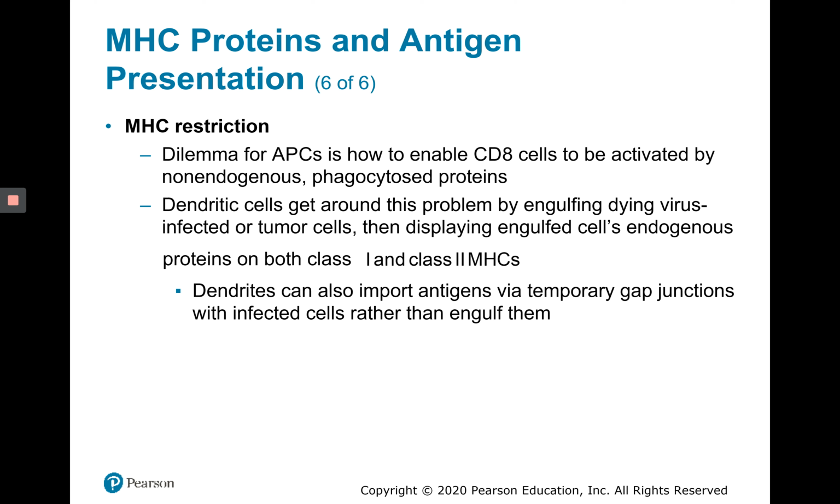They're able to get around this problem by engulfing dying virus-infected or tumor cells, then displaying engulfed cells' endogenous proteins on both class 1 and class 2 MHCs. The dendrites of dendritic cells can also import antigens via temporary gap junctions with infected cells rather than engulf them. So it's the dendritic cells that are able to solve the dilemma for antigen-presenting cells, which is how to enable CD8 cells to be activated by non-endogenous phagocytosed proteins.